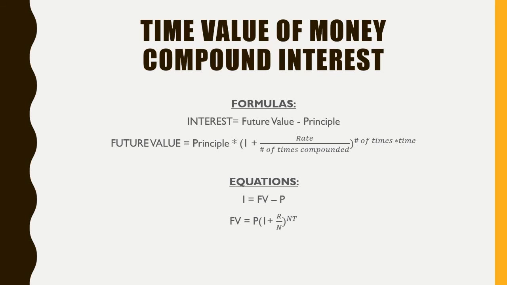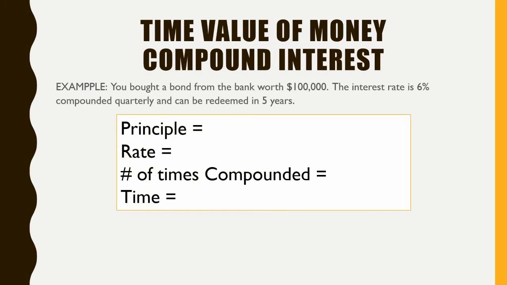In this case, let's determine this in this example. So the same exact scenario, except you have one key extra piece of information. So in this case, right, you bought a bank bond for $100,000, right? The interest rate is 6%, and it's to be compounded quarterly, meaning every 3 months it's going to be calculated with interest.